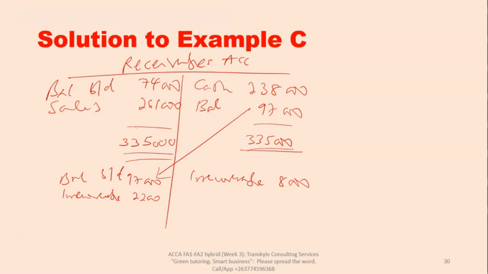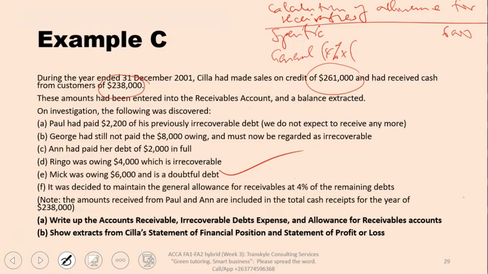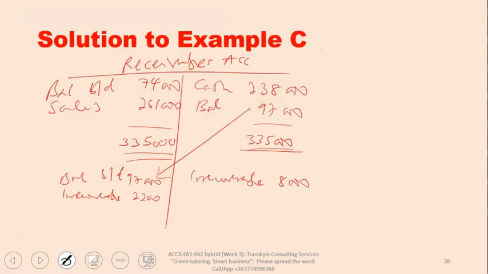Then there is also this one, so we do this one. Then there is also these guys, the 4,000 for Ringo is also irrecoverable.